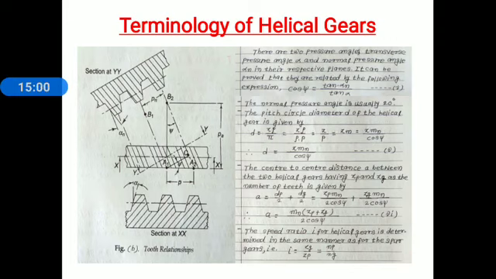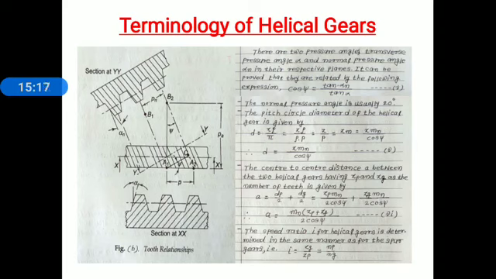Remember the points in terminology of helical gear. First point, the relation between normal module and the transverse module, that is mn is equal to m cos psi. Then how to obtain the axial pitch?